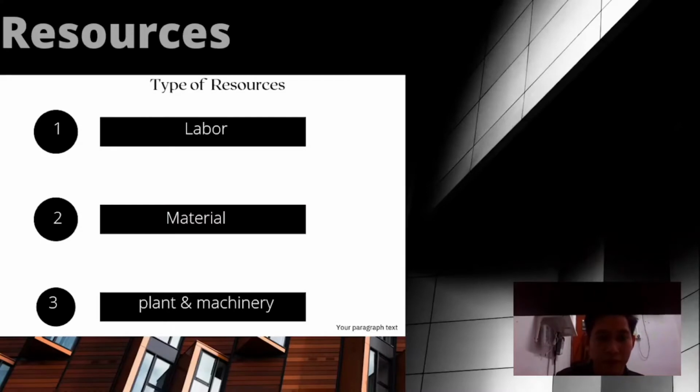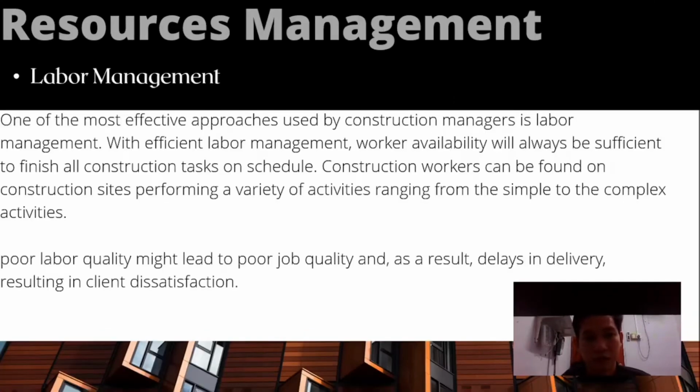Okay, and then there are three resources available at all construction sites. The first one is labor resources, the second one is material resources, and the third one is plant and machinery. For the first one, labor management.